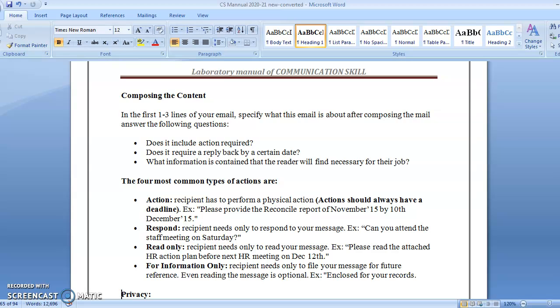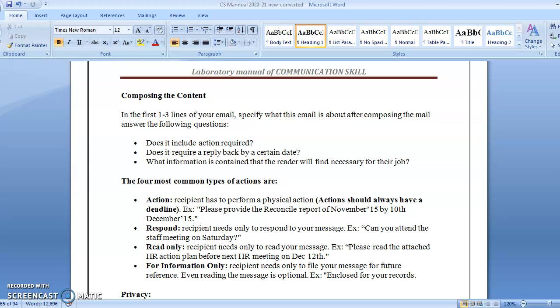First, we require some action, for example, please provide the reconcile report of November 15 by 10th December. Then respond, if we are writing email for a response, for example, can you attend the staff meeting on Saturday?